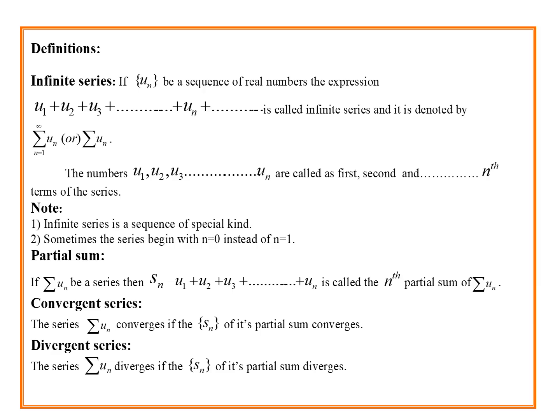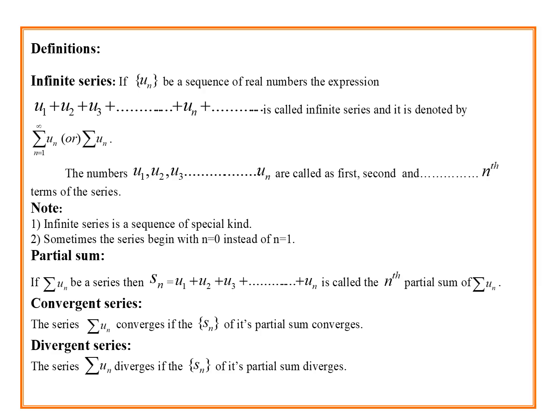Now coming to the definition. Infinite series. If un is a sequence of real numbers, the expression u1 plus u2 plus u3 plus so on plus un is called an infinite series and it is denoted by sigma n equal to 1 to infinity un, or sigma un.